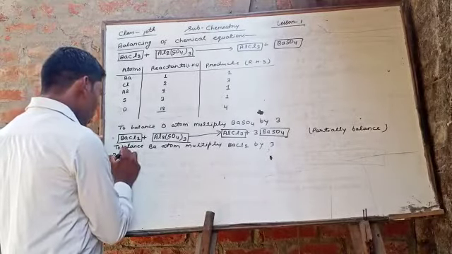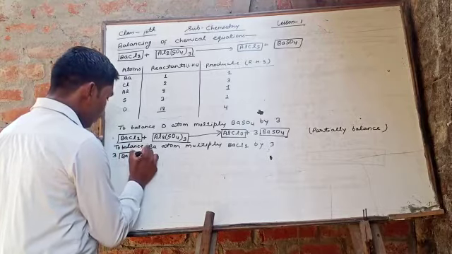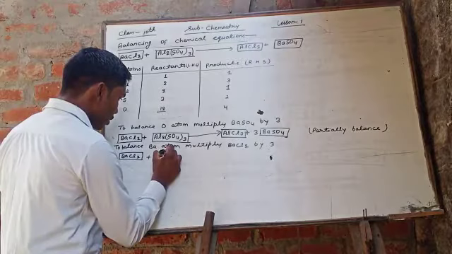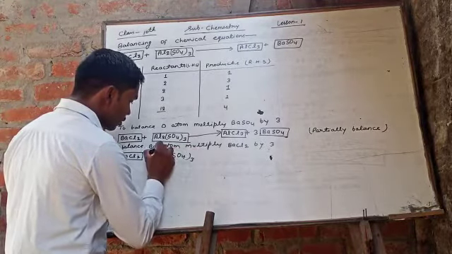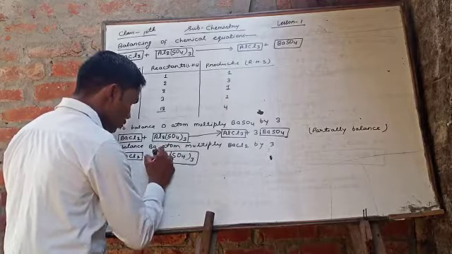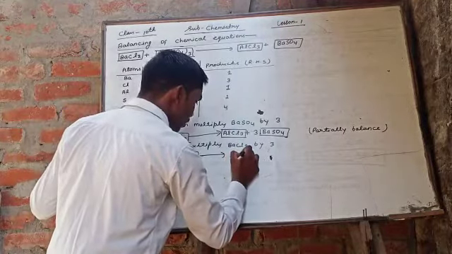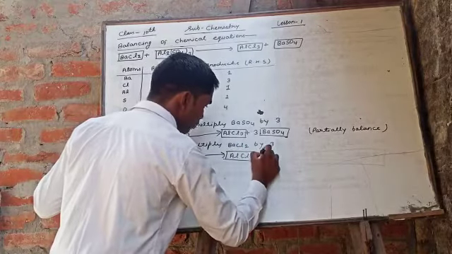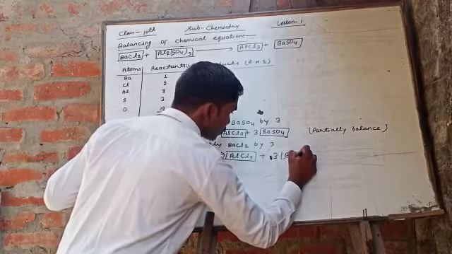So 3BaCl2 plus Al2(SO4)3 is equal to AlCl3 plus 3BaSO4.